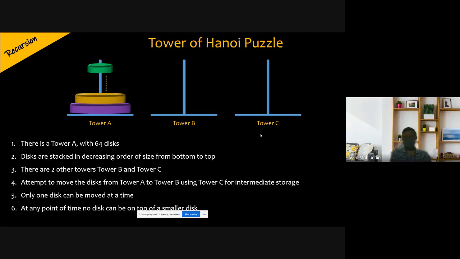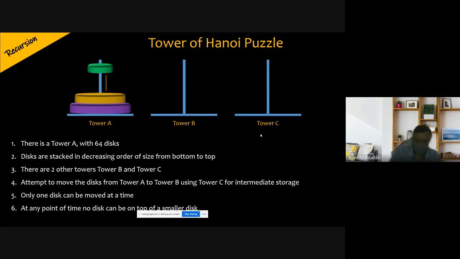Now, the actual problem to solve is that the entire content, or all the disks, from Tower A has to be moved to Tower C. And obviously, only one disk can be moved at a time, and the heavier disk always has to be below the smaller disk.